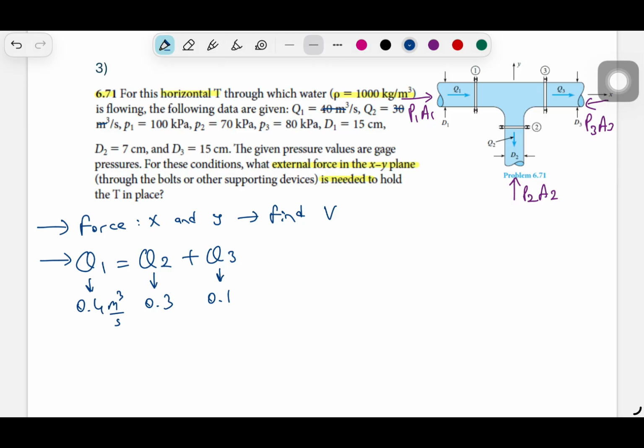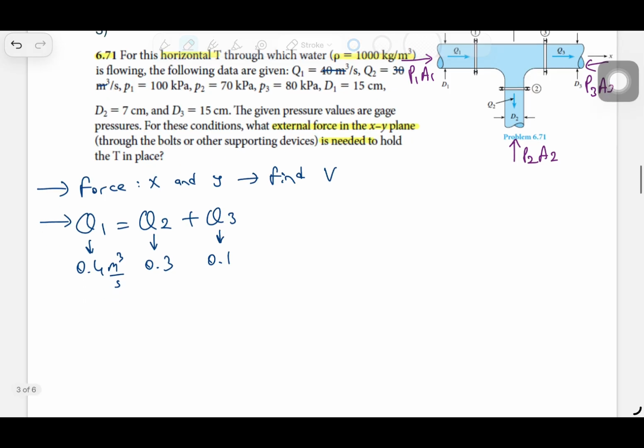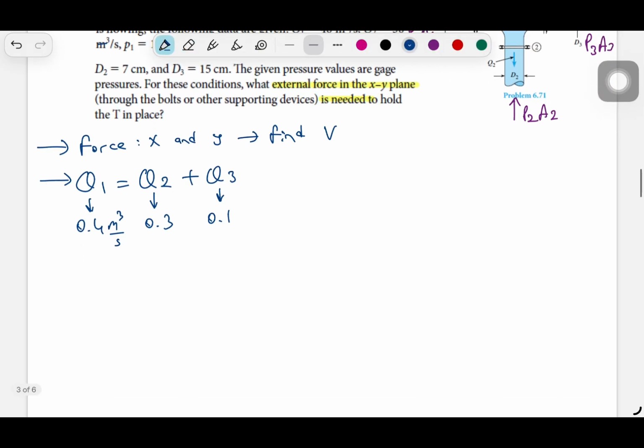So you can also keep solving the question with these values. But I will continue with these values. So from here, we can get velocity 1, velocity 2, and velocity 3.